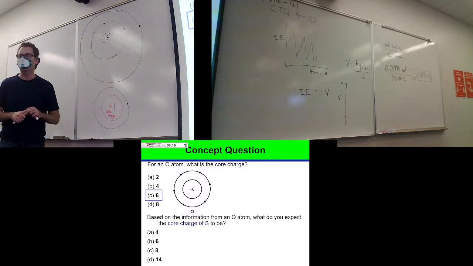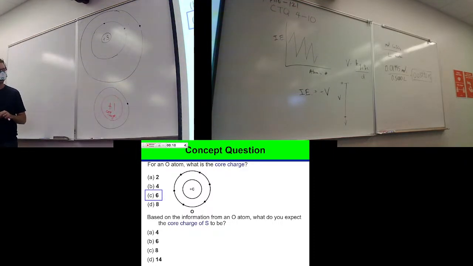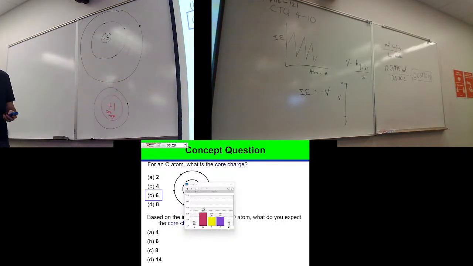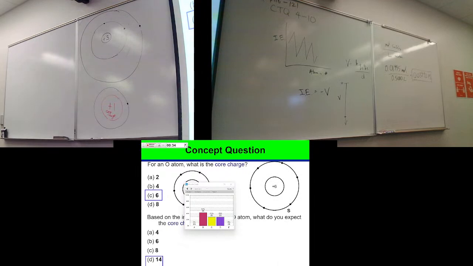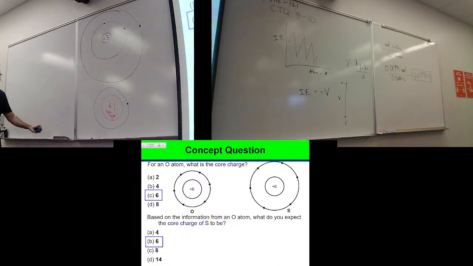You can calculate if you want. All right, all over the place. So we've got B, C, and D. The answer here is 6, just like oxygen's. So why is it just 6?